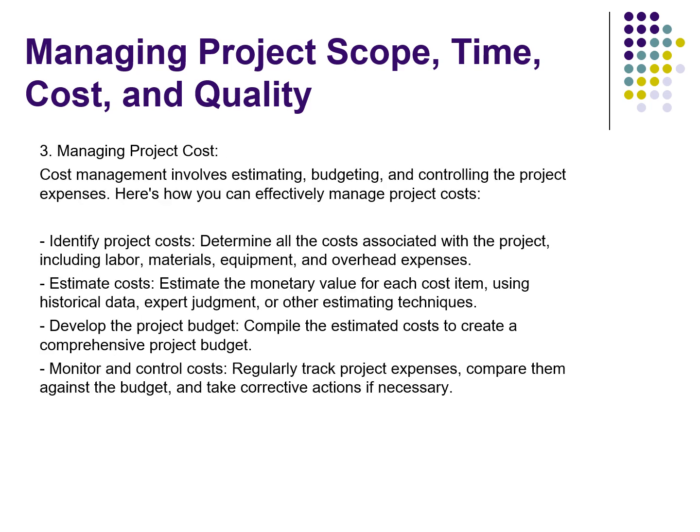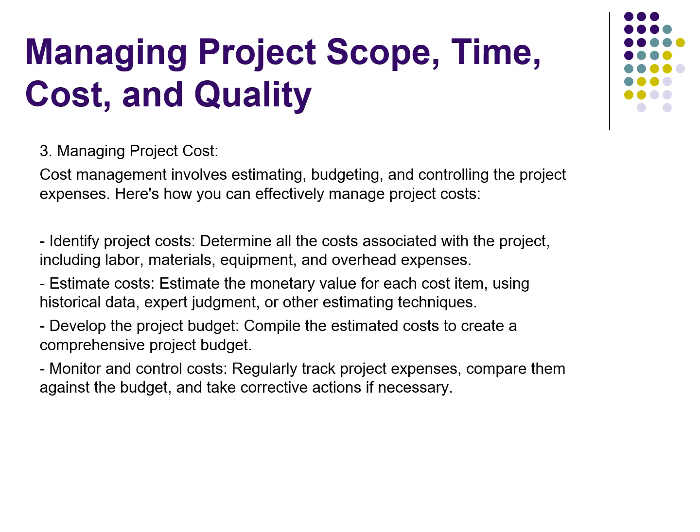3. Managing project cost. Cost management involves estimating, budgeting, and controlling the project expenses. Here's how you can effectively manage project costs. Identify project costs. Determine all the costs associated with the project, including labor, materials, equipment, and overhead expenses. Estimate costs.